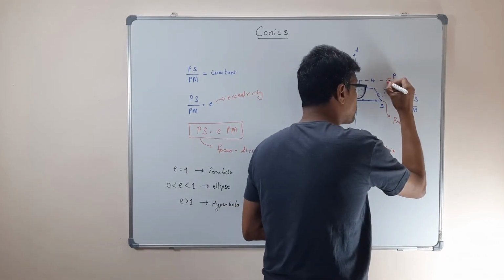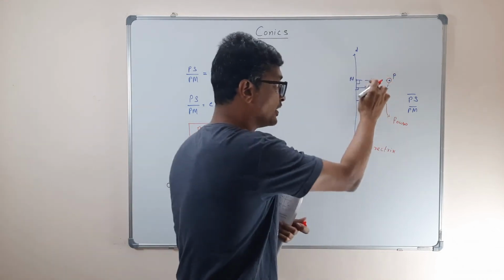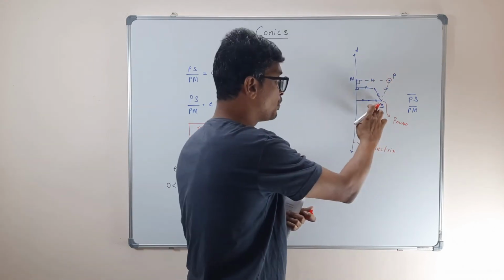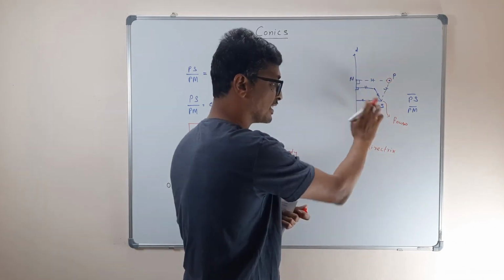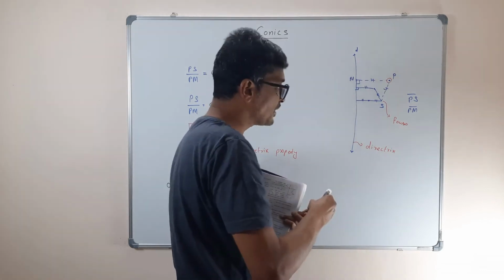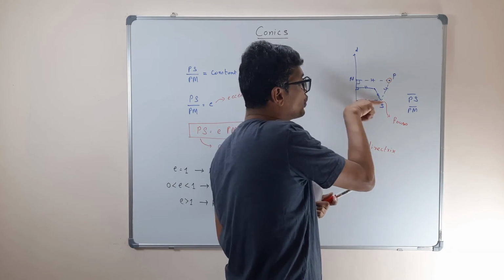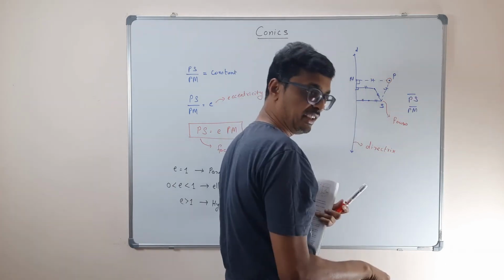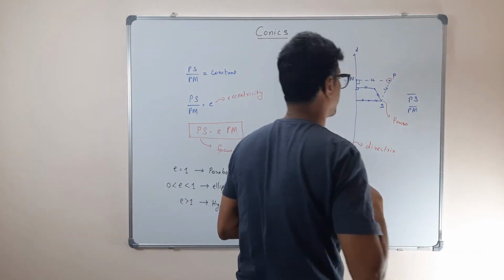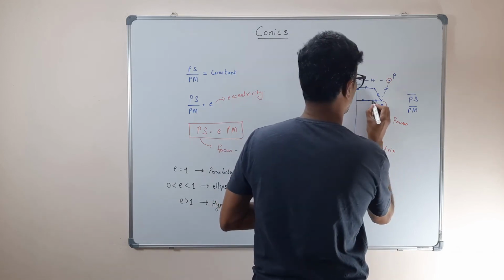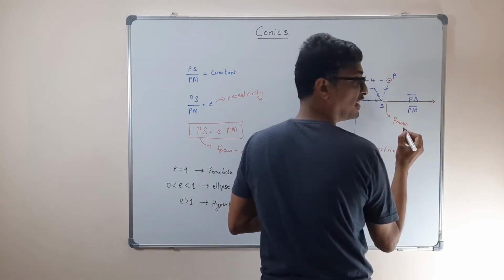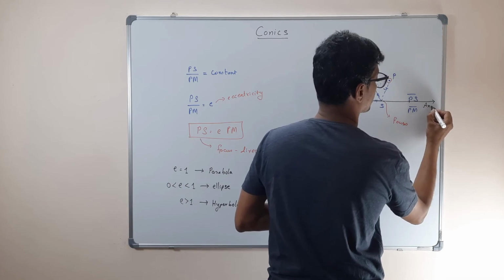This is the locus point, the point which is going to move. These two points are fixed, this line is fixed, this S is fixed. So you can always draw a line which passes through S and is perpendicular to D. Let me draw that line. That is this line.